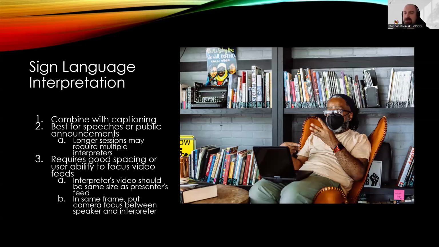But that would be the work with your ADA coordinator or equivalent to see if that's actually needed. I do want to mention longer sessions will require multiple interpreters. Generally, anything over an hour, they're going to assign two or more interpreters so that they can switch out.